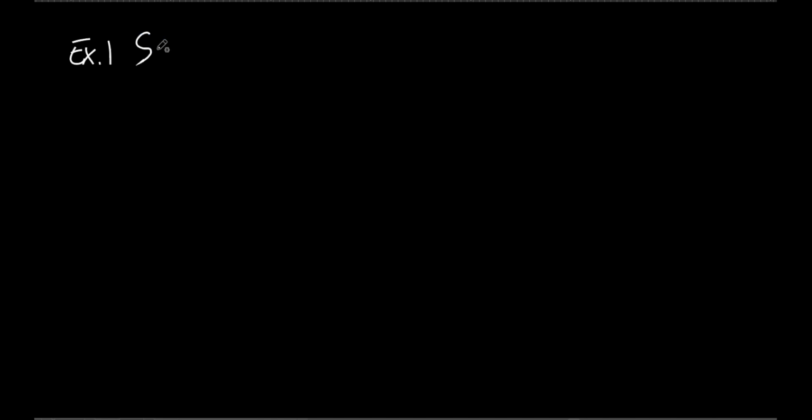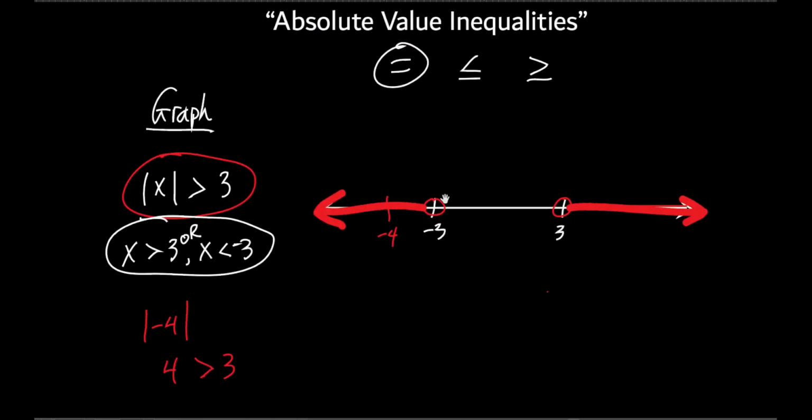It says solve and graph. Here it is. It's basically the same thing. They change it up a little bit because they put greater than or equal to. Now, the greater than, let's go back and look at this. The greater than one is going to be the or.